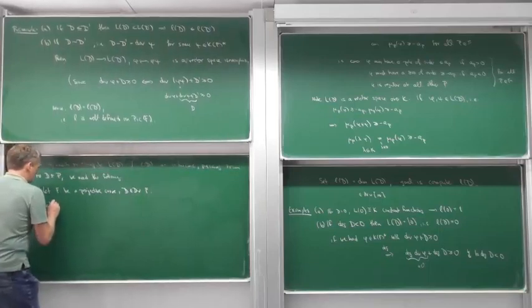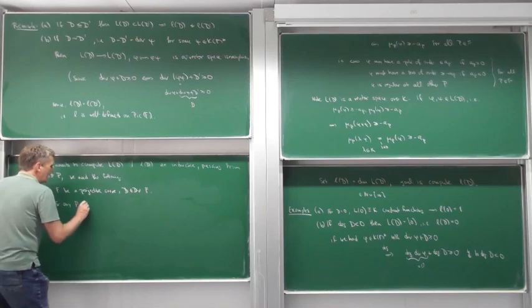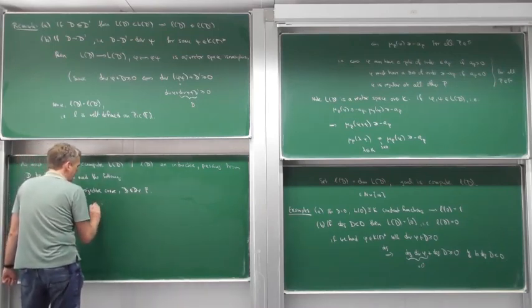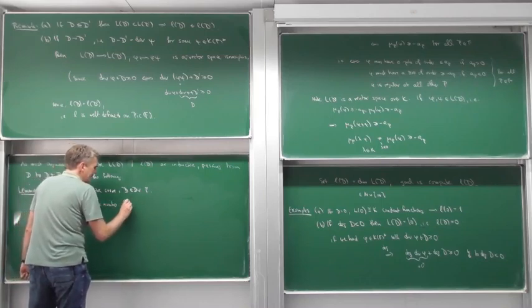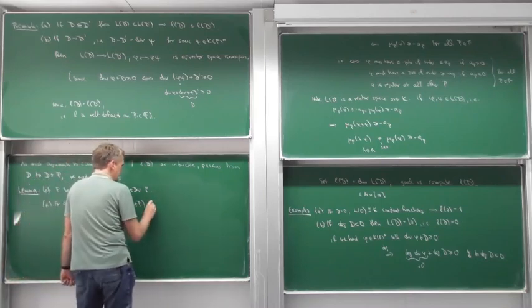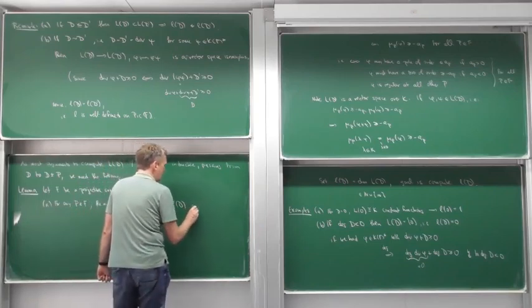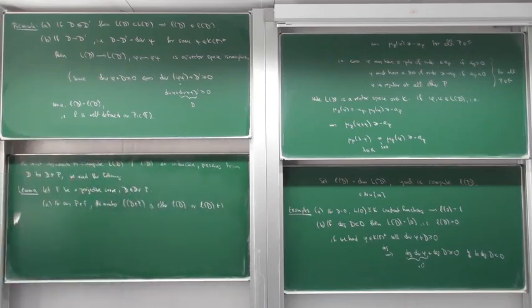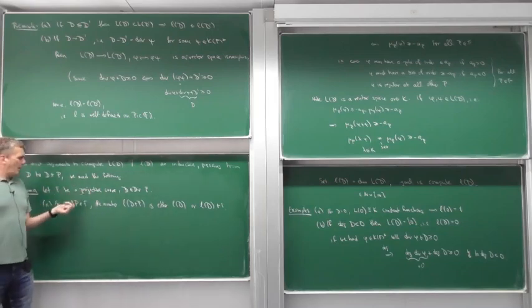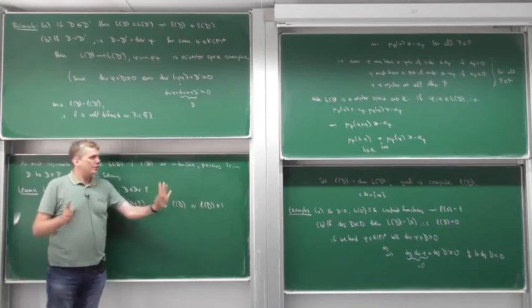So for any P on the curve, little l of D plus P is either the same as little l of D or little l of D plus 1. It might go up by 1, but it doesn't have to. We'll see later that it really depends on the divisor and the point. In some cases we might have this case, and in some that case. So both can actually happen.